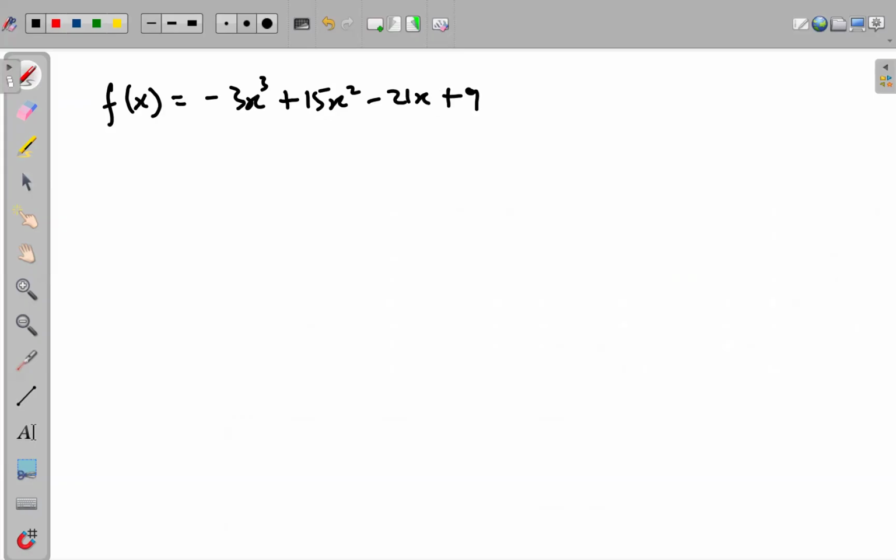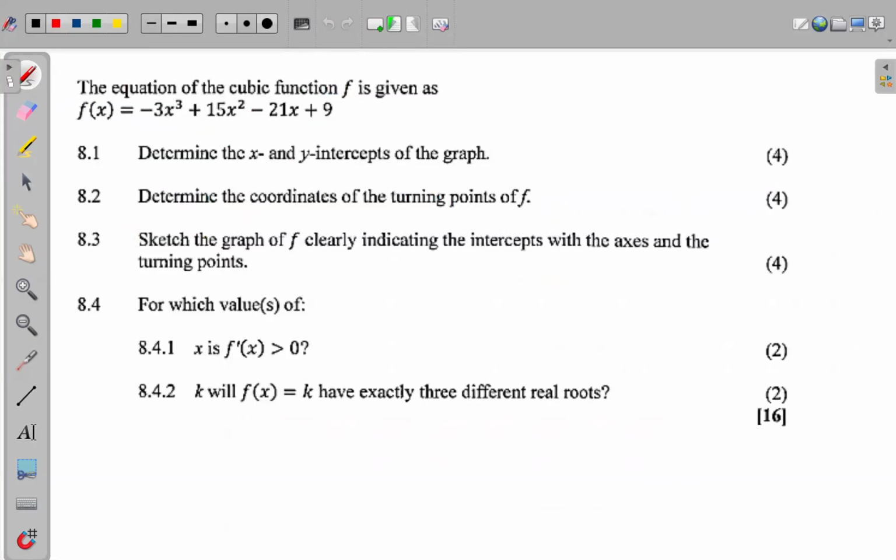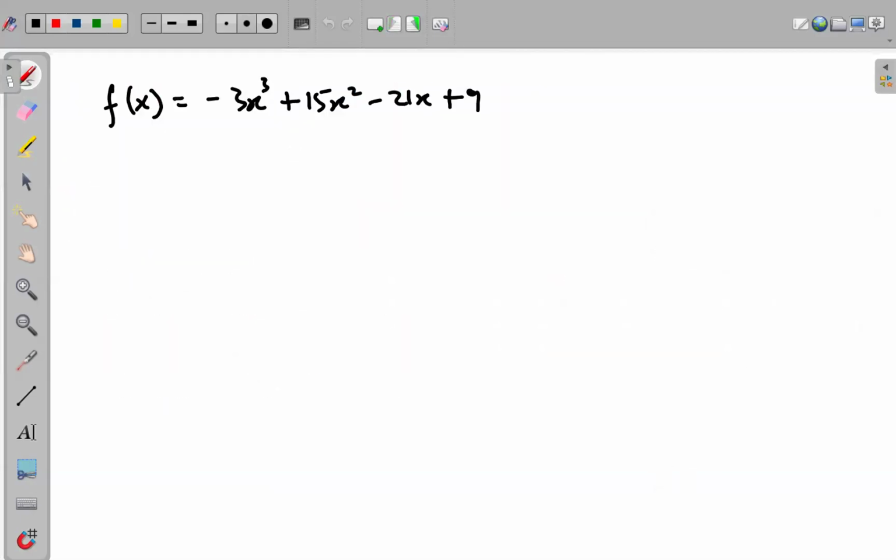I hope that's what it was, at least for the record. Yes, it is. If I take the first derivative here, negative 3 times 3 is negative 9, so it gives me negative 9x squared plus 30x minus 21.